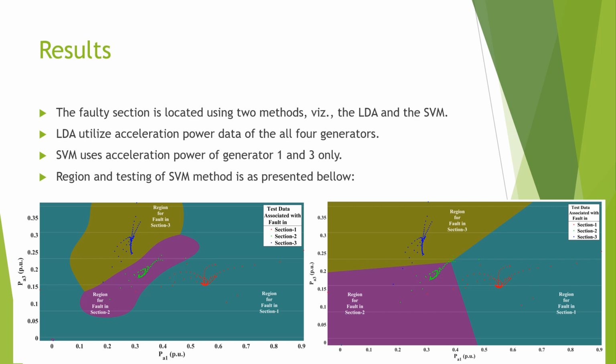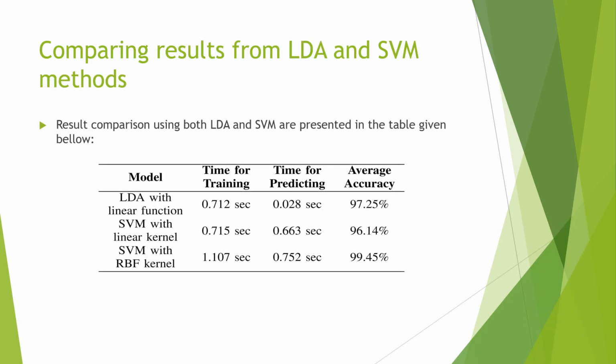One figure on the left-hand side shows the RBF kernel, whereas the figure on the right-hand side shows the linear kernel function results. You can see from the figure itself that the RBF kernel function performs more accurately, whereas the linear function performs less accurately. Now comparing the results from LDA and SVM based methods, the results are shown in the table below.